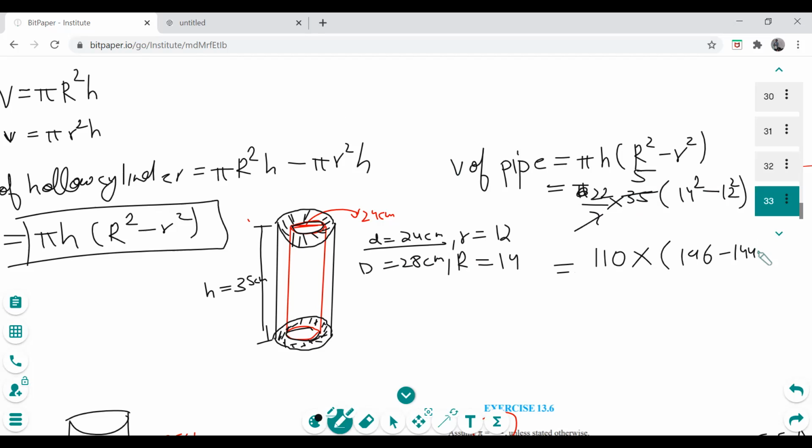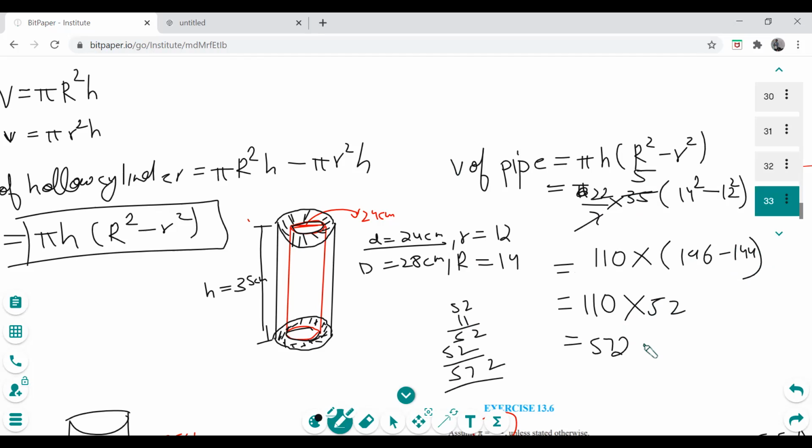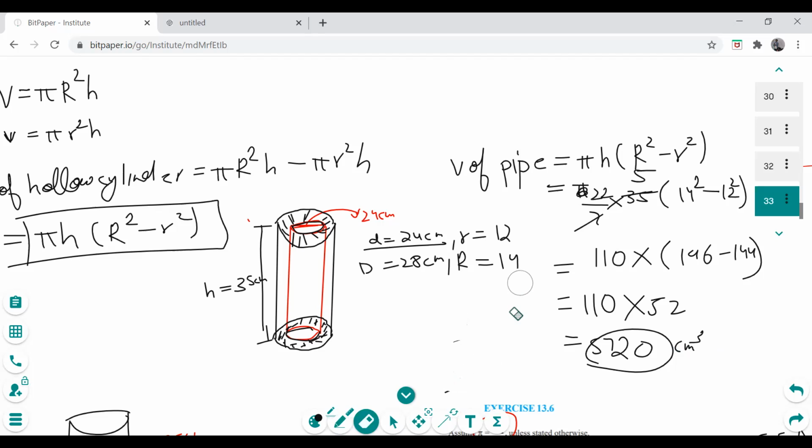If you don't remember the squares, you can multiply them. 196 minus 144 gives 52. So 52 times 110 is 5720. That's my answer. Okay, so it's centimeter cube. So that's the volume.